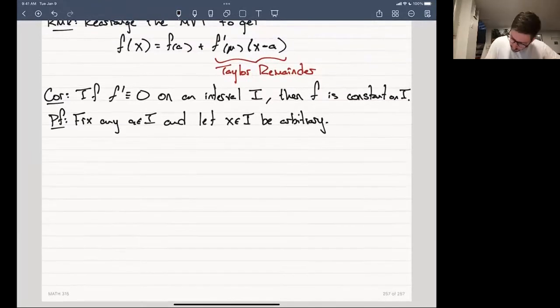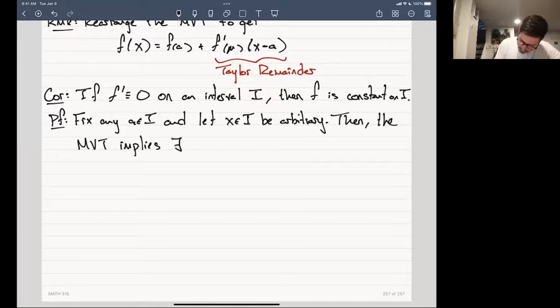Okay, then the mean value theorem, again, MVT, implies that there exists a mu in this interval such that, if I'm using my mean value theorem, let's multiply up the denominator.